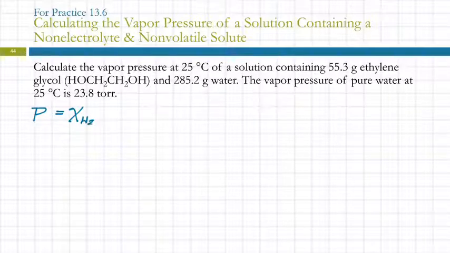So this is H2O times the pure water vapor pressure. So this is the vapor pressure for pure water. We need chi water. We need the mole fraction of water.